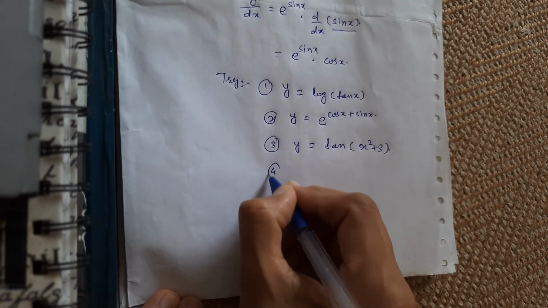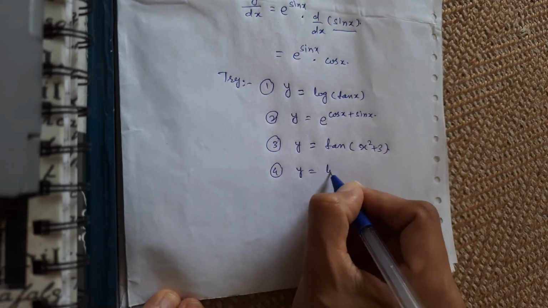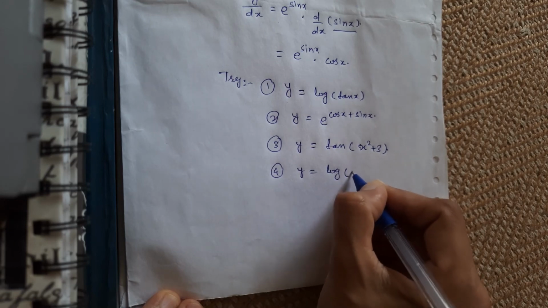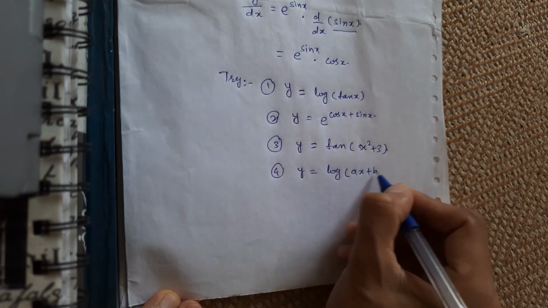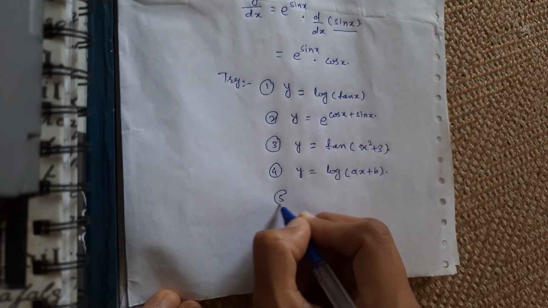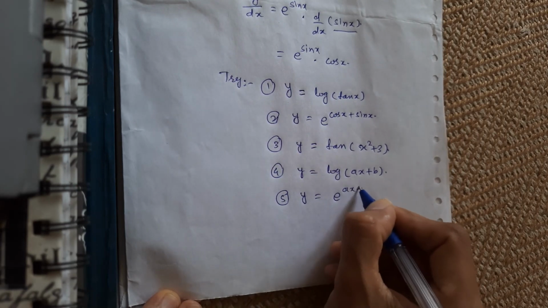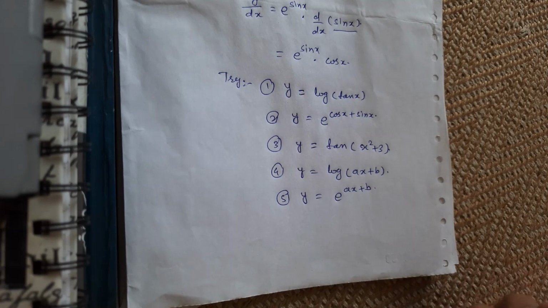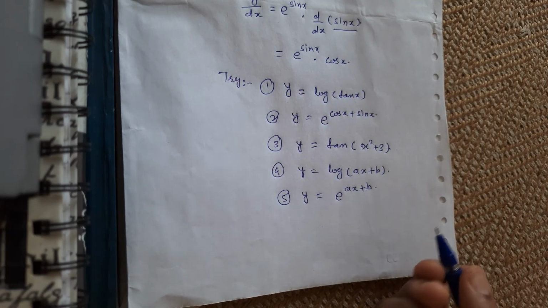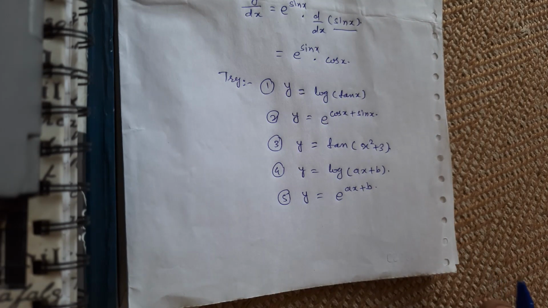Fourth, y equals log of ax plus b. Fifth, y equals e to the power ax plus b. Okay, just try to solve these examples, and I hope you understand it.